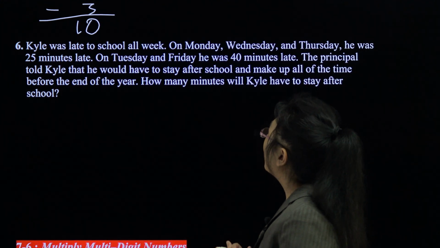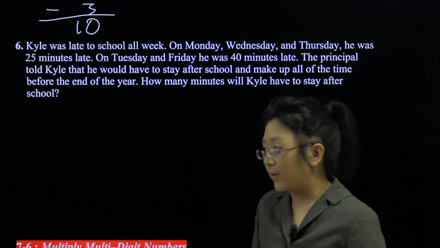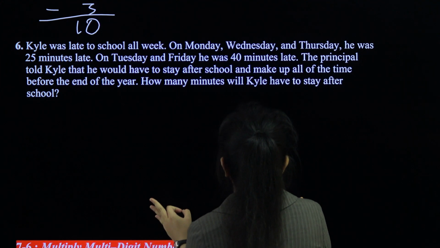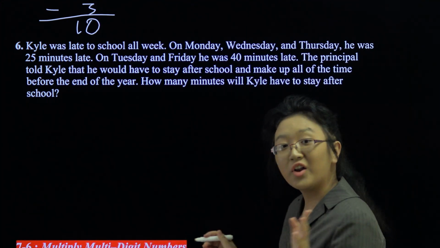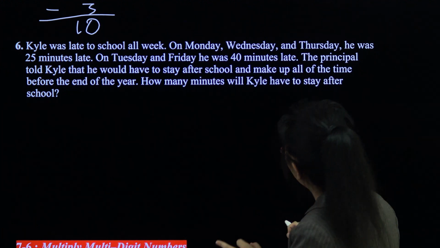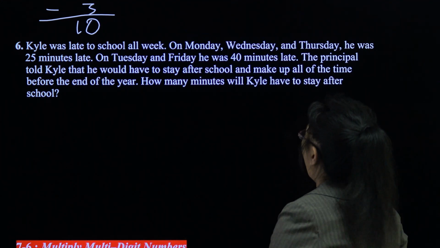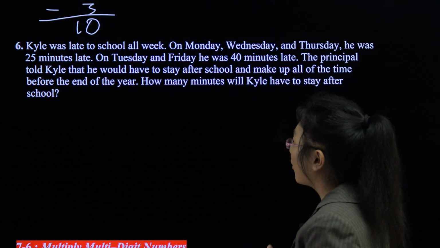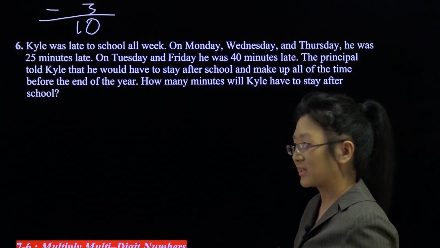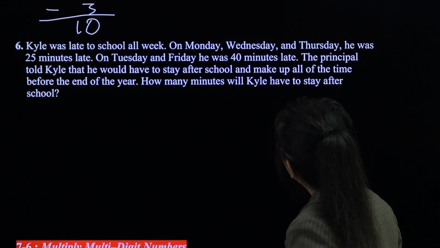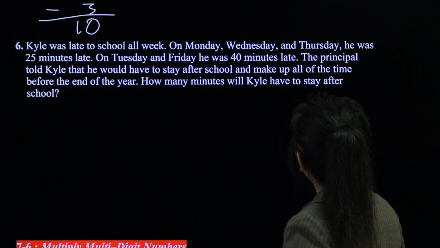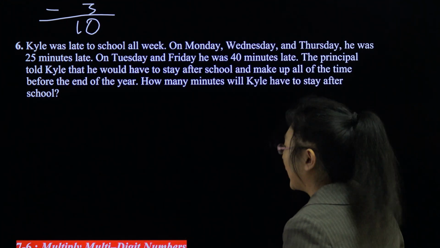Kyle was late to school all week. Okay, that takes legitimate skill. Anyhow, it's not a good skill, but still, how? On Monday, Wednesday, and Thursday, he was 25 minutes late. Okay, that's even a bigger question. How? On Tuesday and Friday, he was 40 minutes late. Okay.